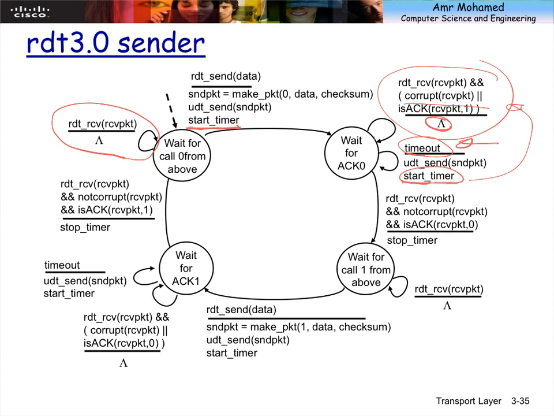If the receiver is sending me a positive acknowledgement for the previous packet, this is a clear indication that the current packet was not received correctly. This current implementation does not do anything, which means the retransmission will be handled by the timeout.